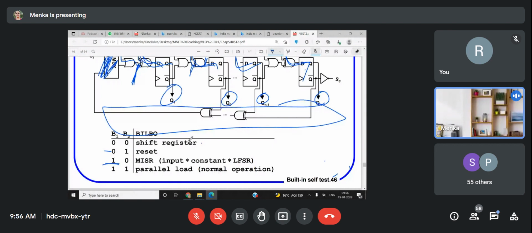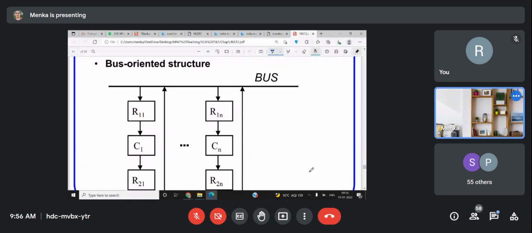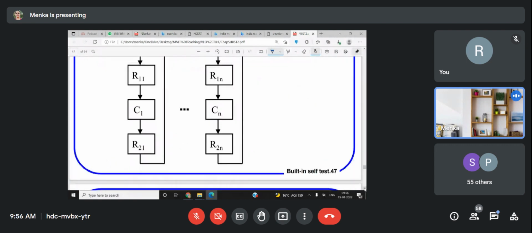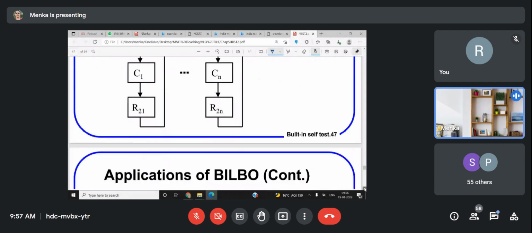Now what are the different applications? So these are the different applications, like the bus oriented structure. You will be having a bus oriented kind of structure. It is given over here. It will look like this. Another application is the pipeline oriented structure.